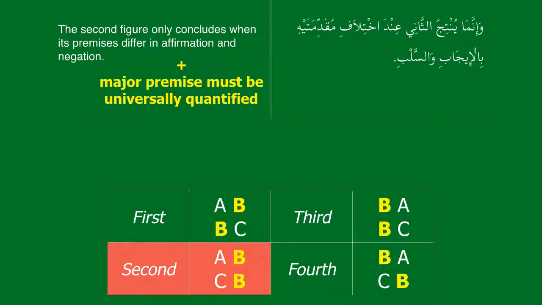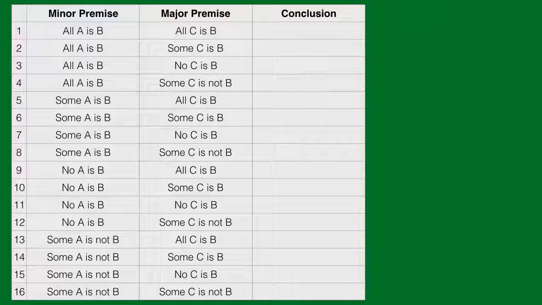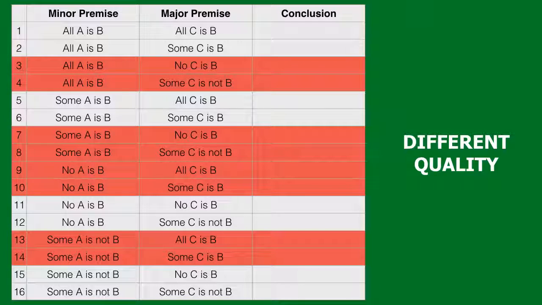If we apply these 2 conditions, let's look at the 16 modes of the second figure. Note that this is the second figure because B, the middle term, is the predicate in both the minor and major premises. These 8 modes differ in quality, meaning that one of the minor and major premises is affirmative and the other is negative. So this is the first condition.